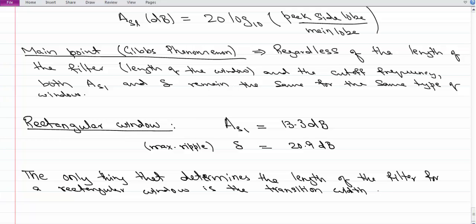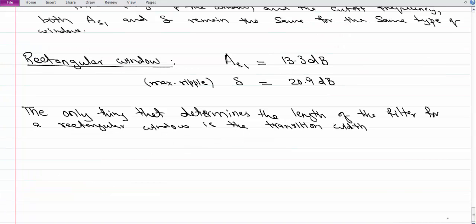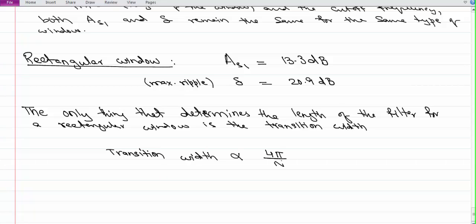Transition width is where it starts going down and then gets closer to 0. And as we talked about, it's proportional to 4 pi over n, which is 4 pi over 2m plus 1.